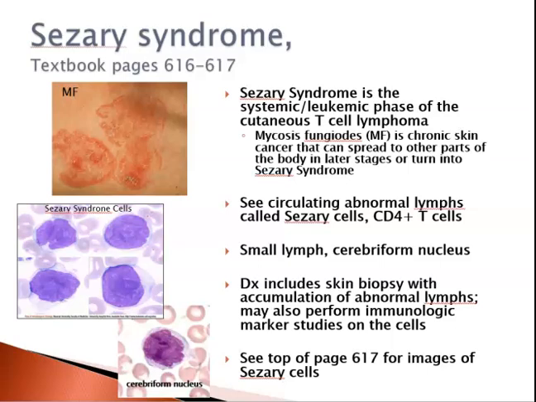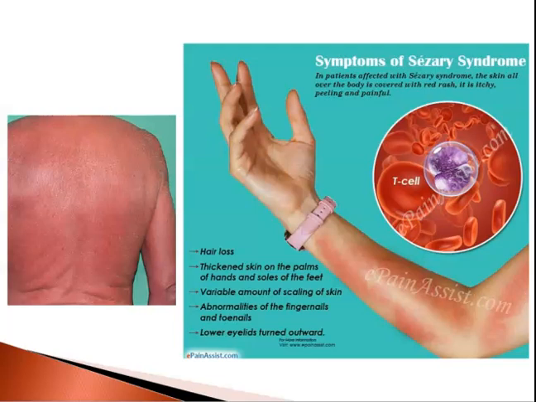This slide is just to demonstrate some of the symptoms that go along with the Sézary syndrome. Of course, earlier on in the disease, the skin is going to be more affected. The skin is going to be red or have a rash. It can be itchy, peeling, and painful. There also can be hair loss involved.